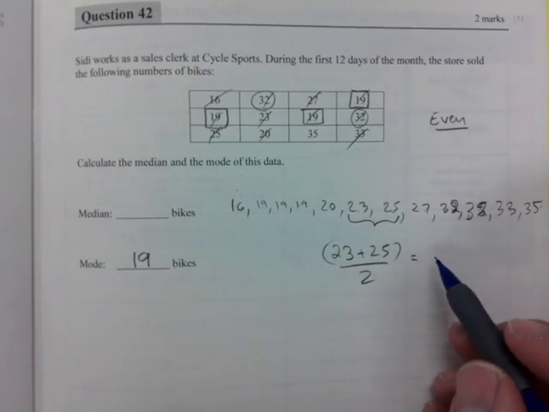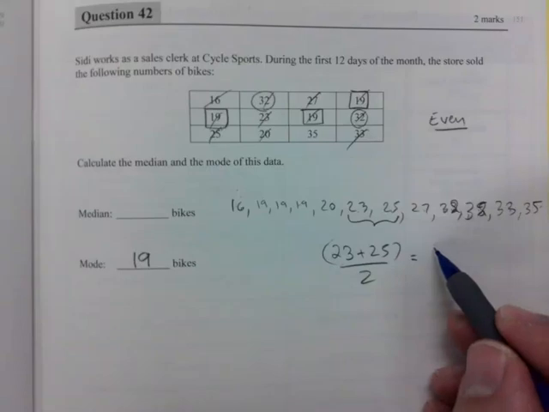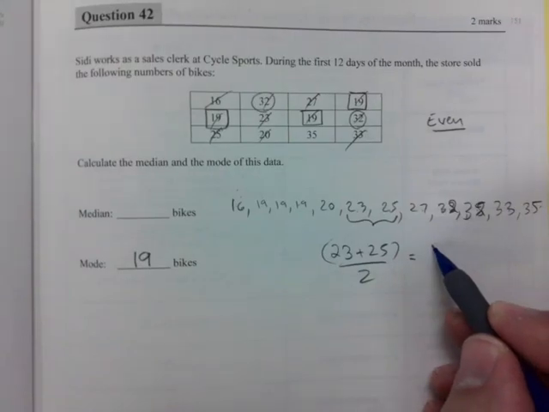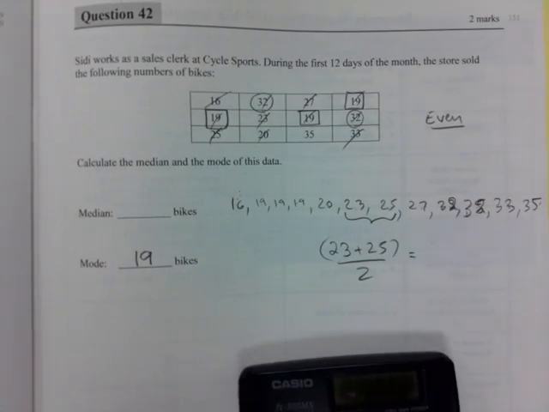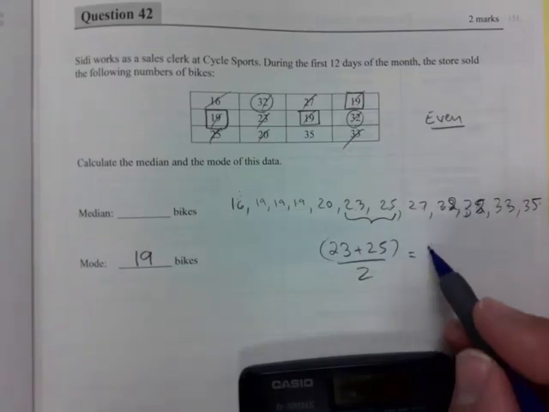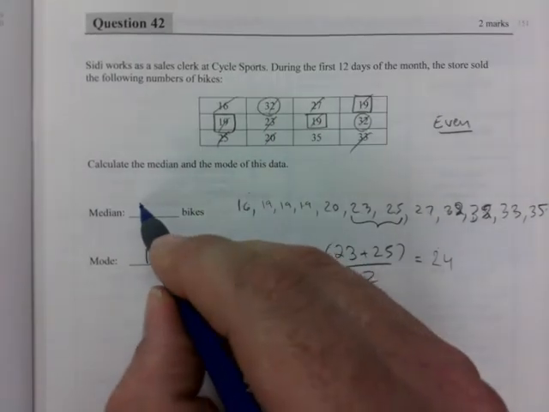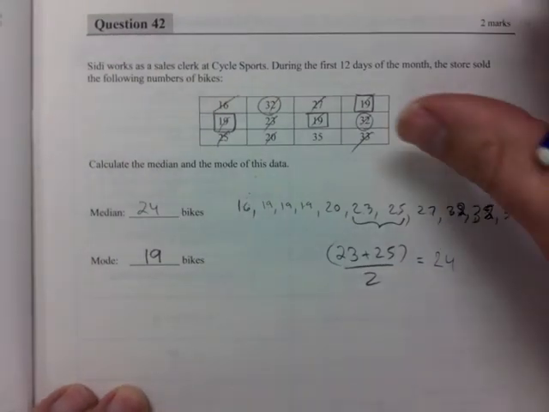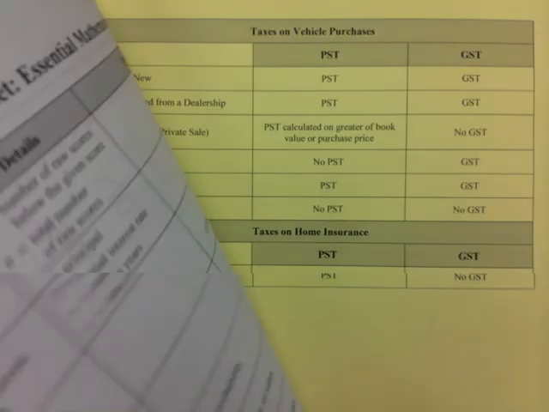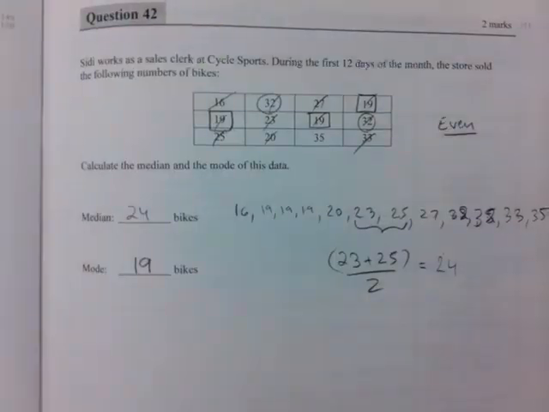And that gives you 24. Let me just check here if I got that right. Yeah. So 24, just make sure you enter it here. 24 is your median sales number of bikes that have been sold. And that's it. That's all. You made it.